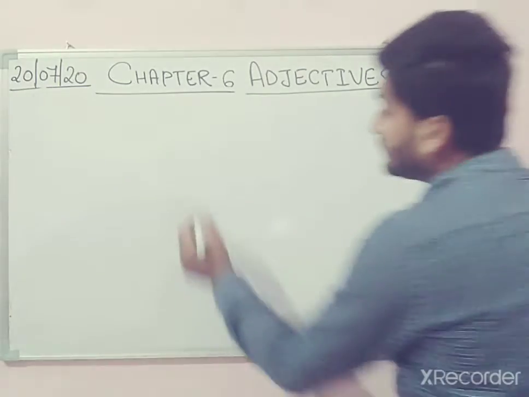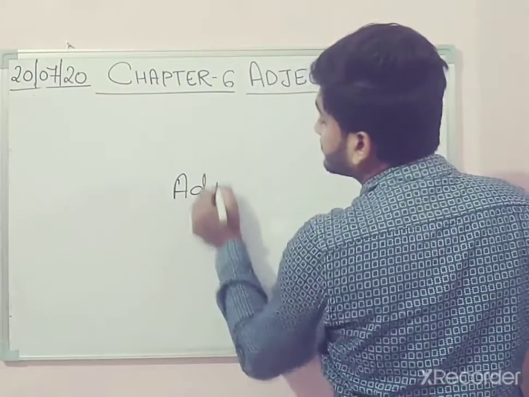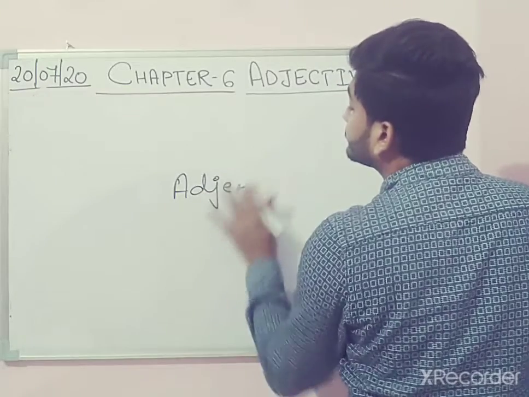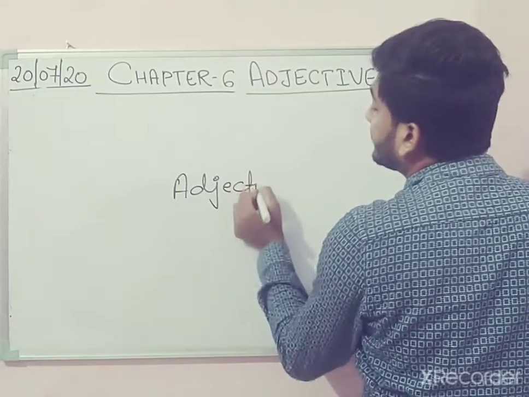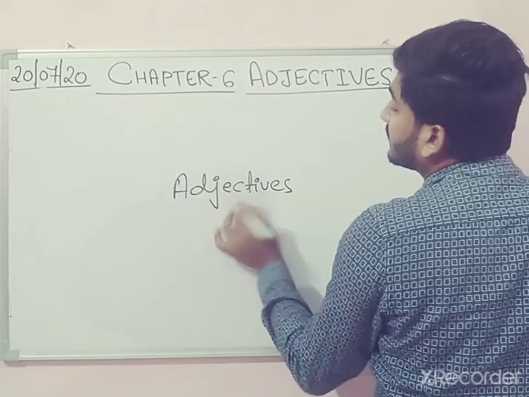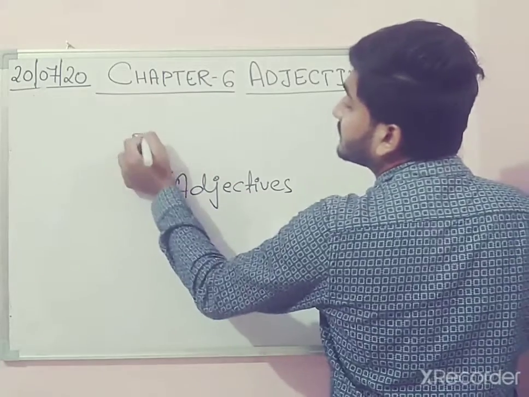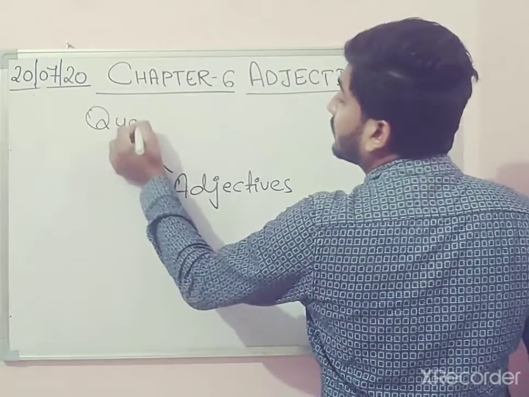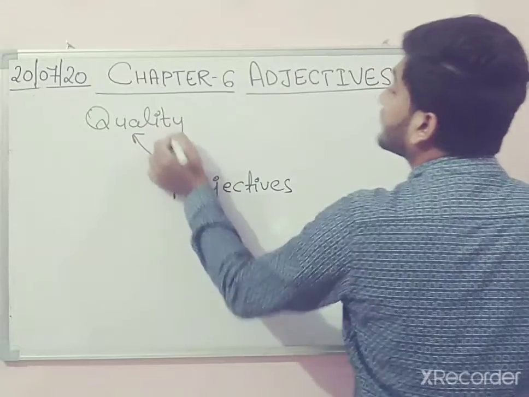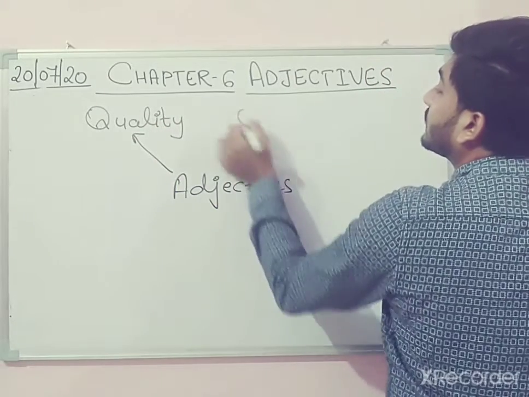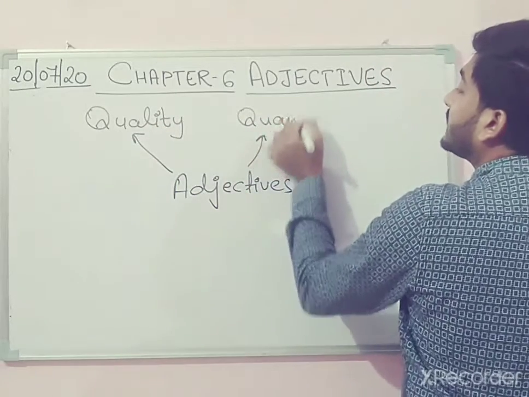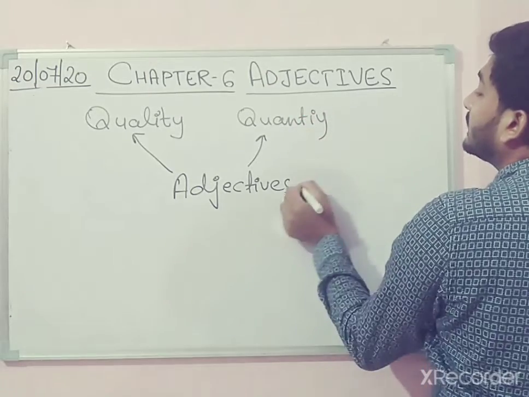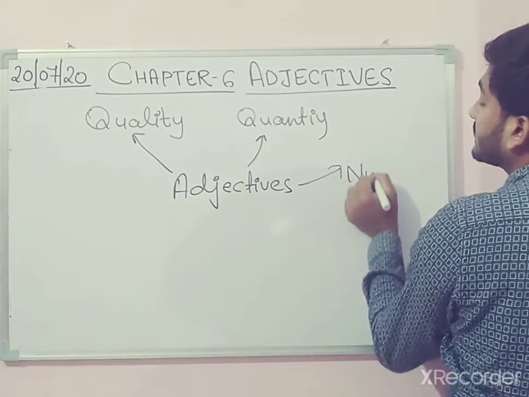And kinds of adjectives, types of adjectives. Number 1 is quality. Number 2 is quantity. Number 3 is number.